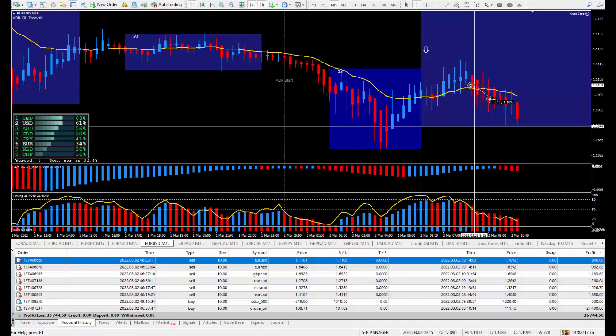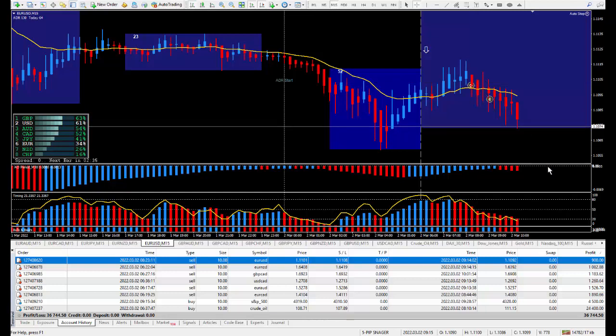Now the euro dollar has the dollar on the right hand side. It pays $10 a pip, and there's 9 pips there, and 9 pips times 10 lots times $10. That's why you see $900 here. And of course it can continue to keep going down.